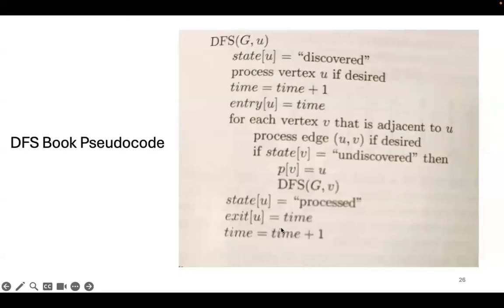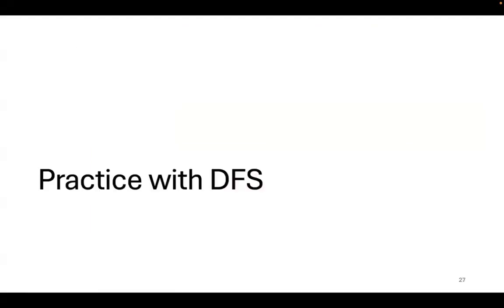There we go. Now we can see the whole thing. Yeah, I think the book pseudocode is more complicated than the intuitive version. It's just adding another level of detail as we want to be more precise about it. Okay, we did that.